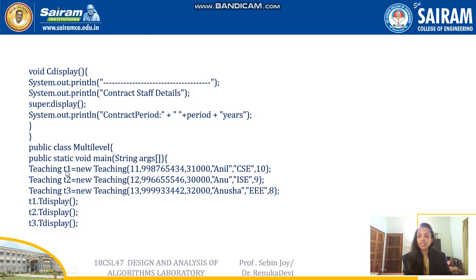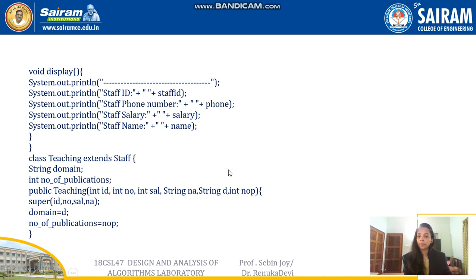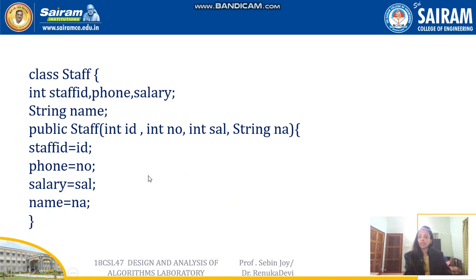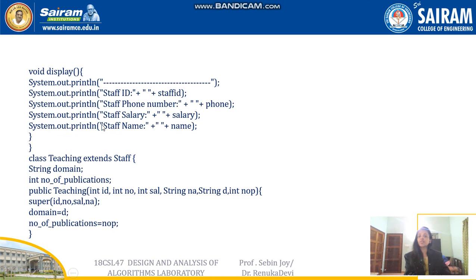So teaching is the first subclass, that is teaching T1 is equal to new teaching, and all these values I'm passing here. So when you see this, staff is the superclass and teaching is the class which extends staff.